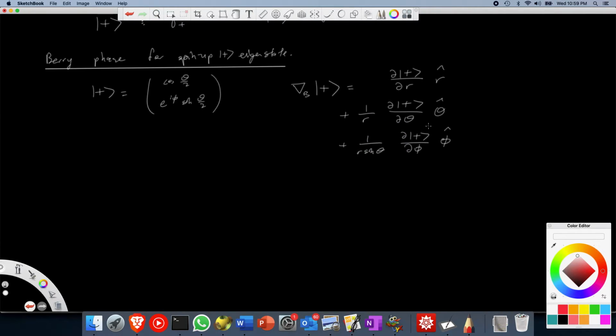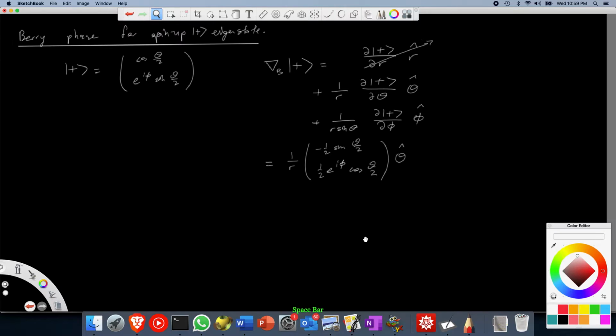So if we evaluate this, we substitute the eigenstate in here. We see that there's no r dependence, so the r cancels out. Then we get 1 over r, and there is theta dependence, so there'll be 1 over r times minus half sine theta over 2, half e to the power i phi cosine theta over 2, in the theta hat direction.